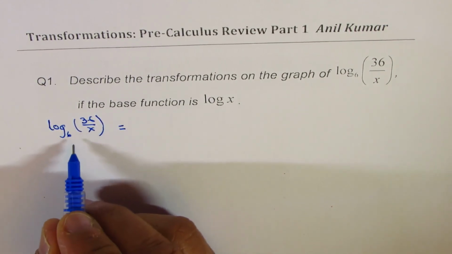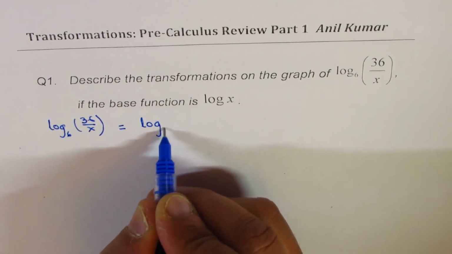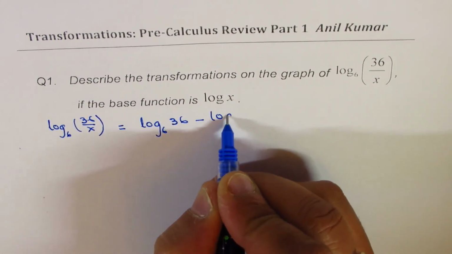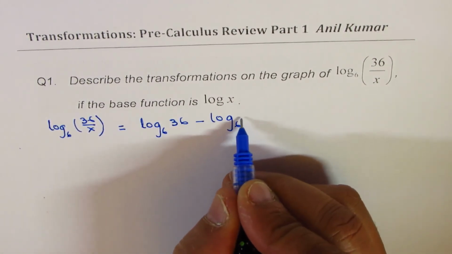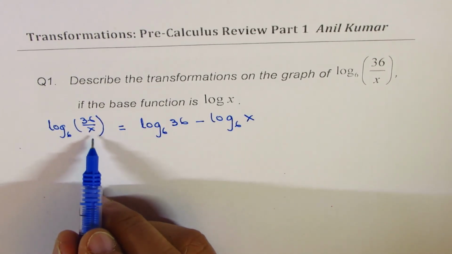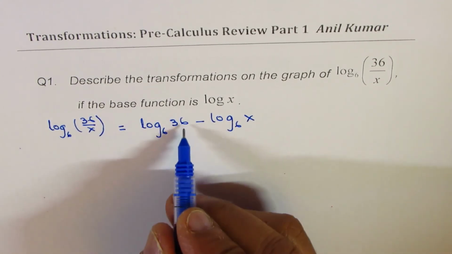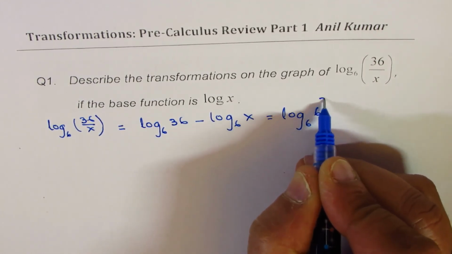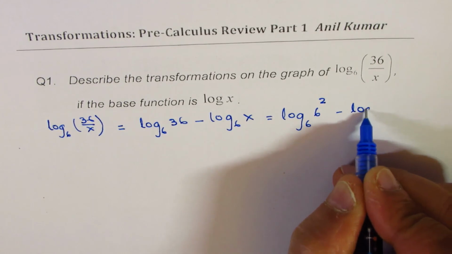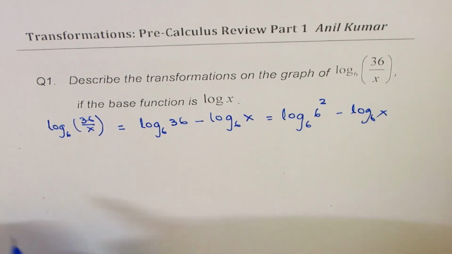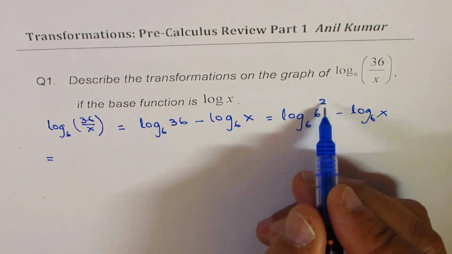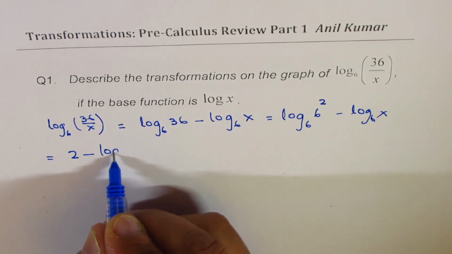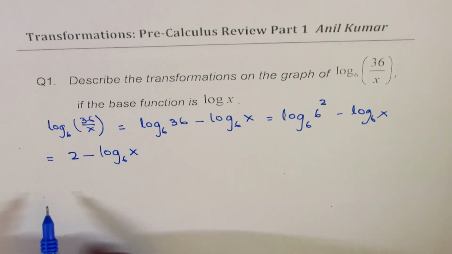I could write this as log base 6 of 36 minus log base 6 of x, using the properties of logarithms, correct? Now 36 is what? 6 square, right? And we have log of 6 to the base 6, so this is 2, so we get 2 minus log to the base 6 of x.